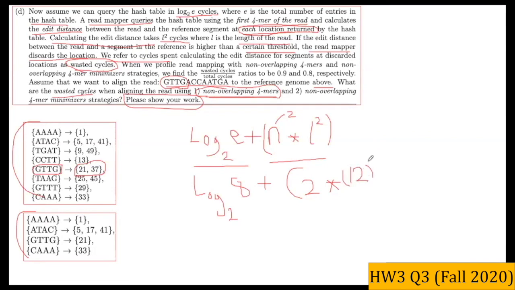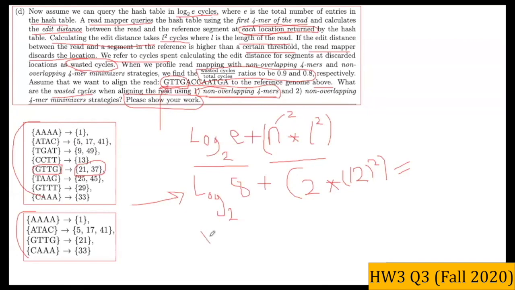Times 2. Now this is not the answer, because the question is not asking for the number of cycles, but rather it's asking for the number of wasted cycles. And this equation will give you the total number of cycles to perform read mapping for this read. This will give you a number. And now, based on this equation, which is wasted number of cycles over total cycles, we can calculate the wasted cycle.